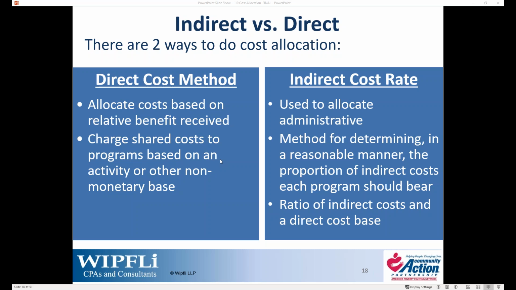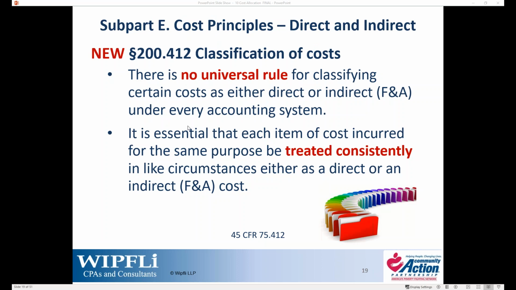An indirect method is a method to allocate these administrative costs, and it's a method for determining in a reasonable manner the proportion of indirect costs that each program should bear. It is done using a ratio of indirect costs and a direct cost base. We'll explain a little bit more on that in a moment.